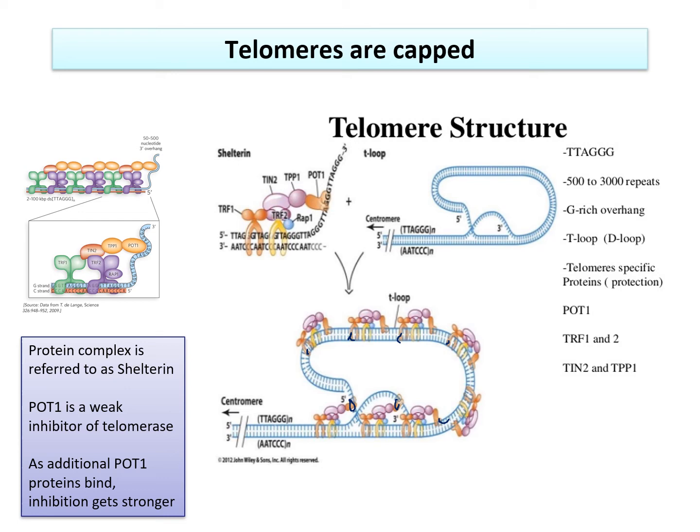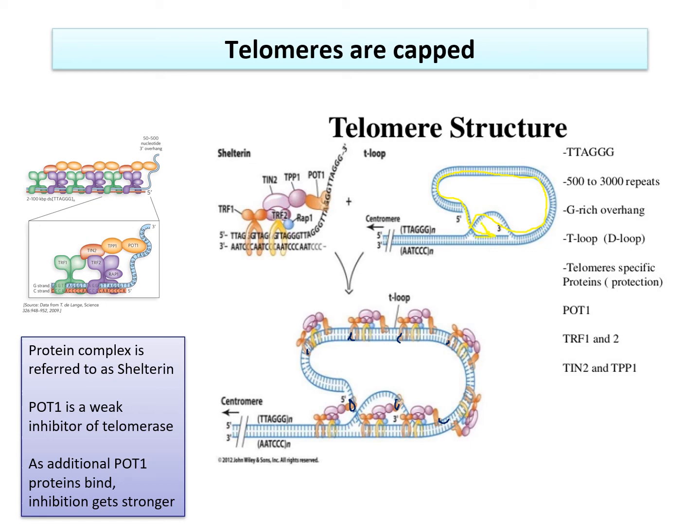The next thing that happens, and we're not going to get too deep into the molecular details, but you can see it's pretty cool, is that the end of the telomere actually loops back around on itself here. Once POT1 tells it that it's gone far enough, you can see it looping back on itself.